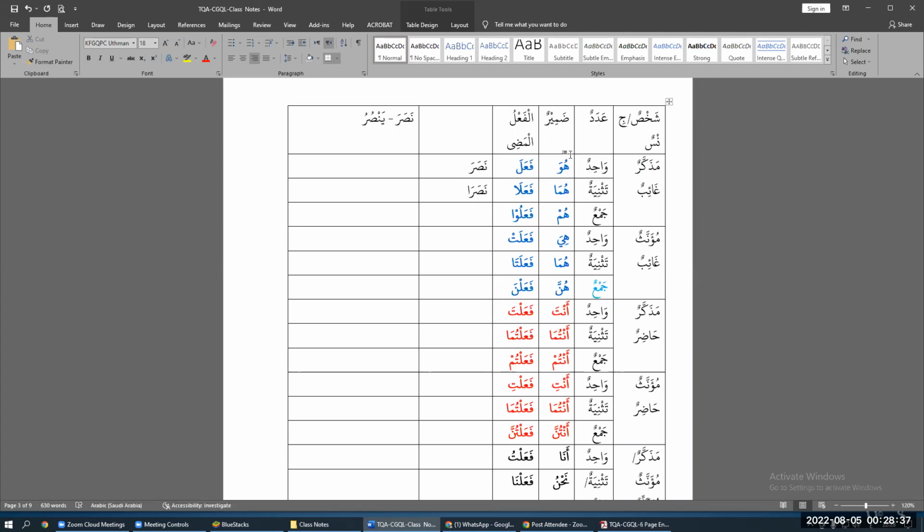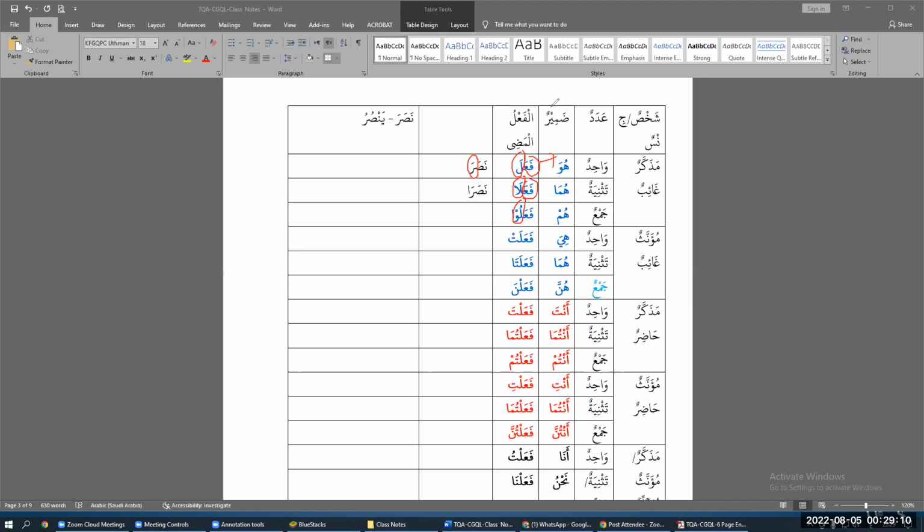This superimposition technique is very, very important. In this word, from the lam kalima and beyond, all changes take place. Before the lam kalima, no change takes place. This will remain. Only here the ra will change. Others will not change.